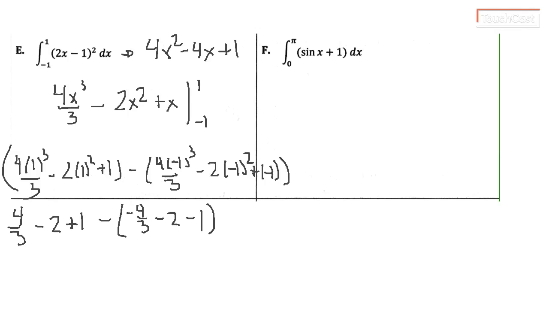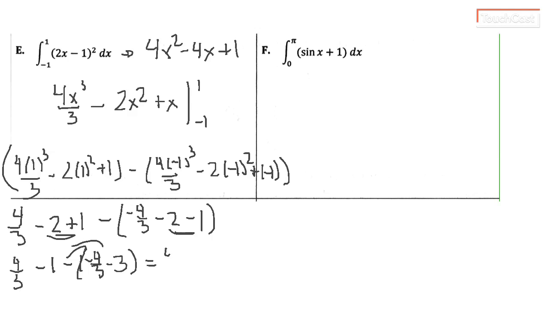Now I'm going to combine things that I know I can combine. So I can combine this negative 2 and 1 and this negative 2 minus 1. So I'm going to have 4/3 minus 1 minus negative 4/3 minus 3. Now I'm going to distribute this minus sign.